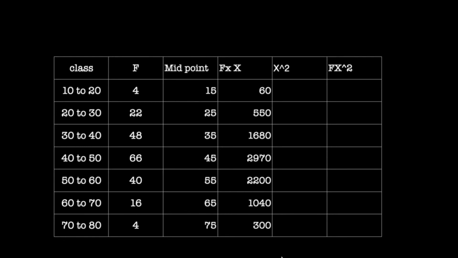Next step. This is enough to calculate the mean, but we have to calculate the standard deviation also. For calculating standard deviation, we need x square and sigma f into x square. We already know that the midpoint is considered as x, and x square will be 15 squared, 25 squared, 35 squared, 45 squared, 55 squared and 65 squared.